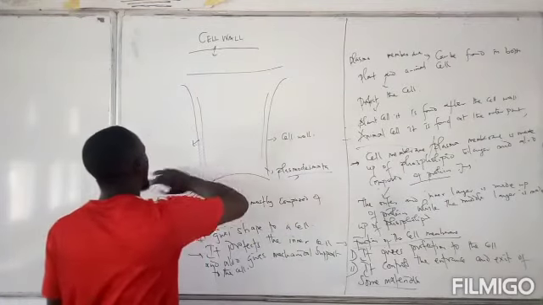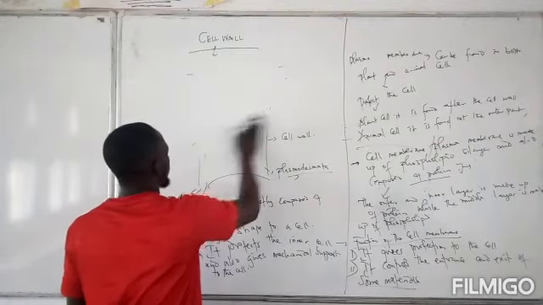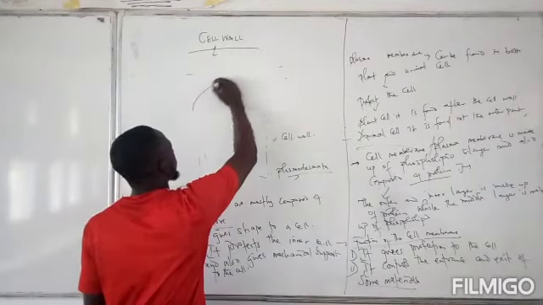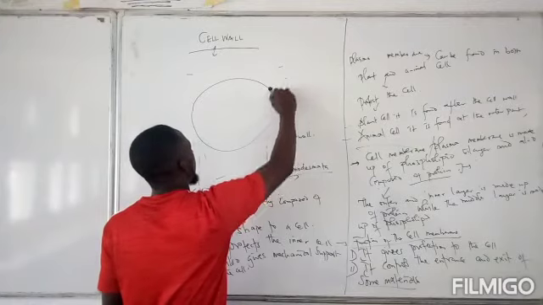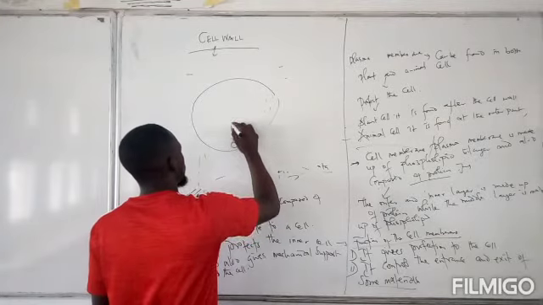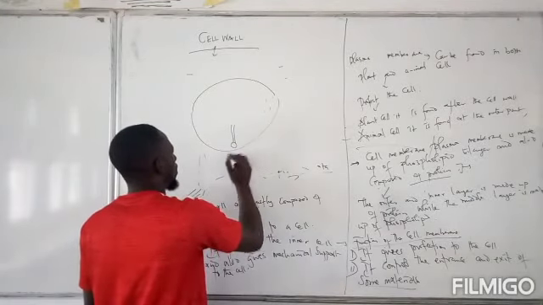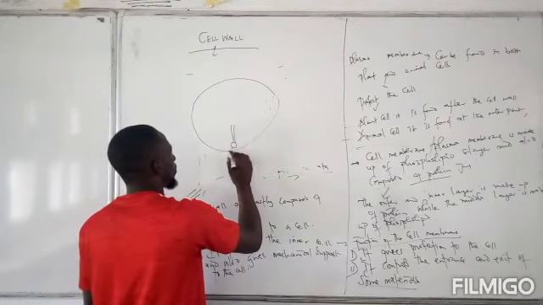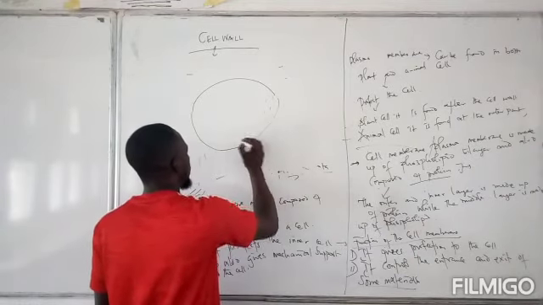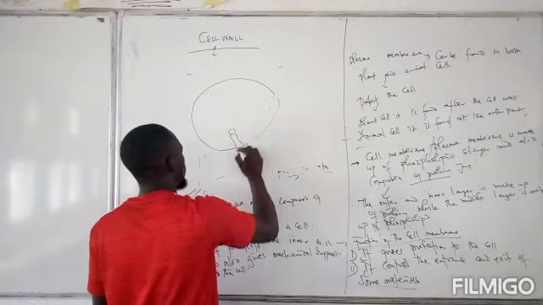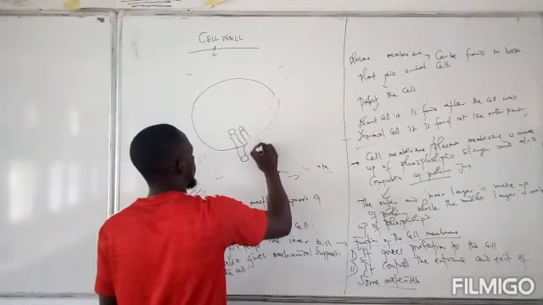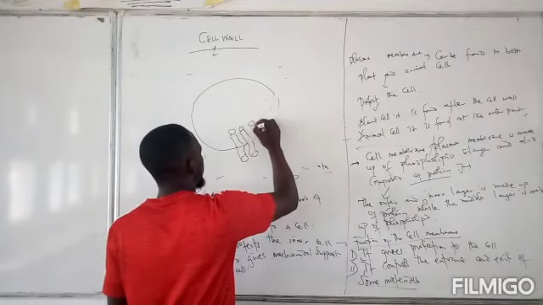Now the phospholipid bilayer we'll be talking about. Let's say for instance, this is the cell. It has a lipid, which has a head and a tail, surrounded by a lipid bilayer.